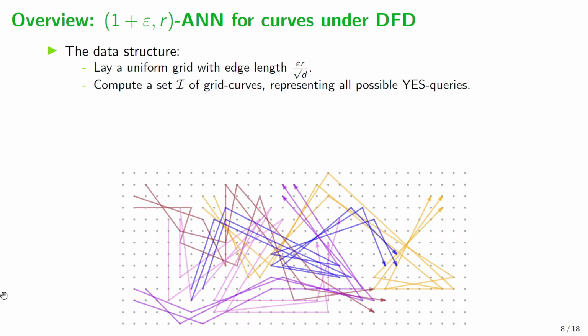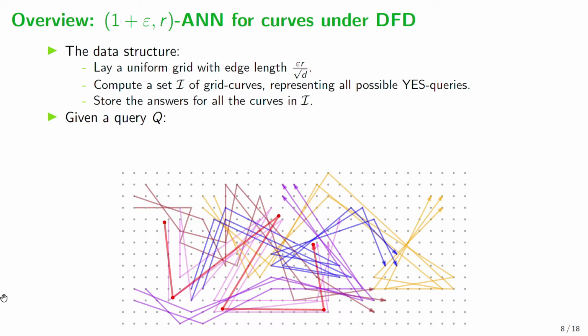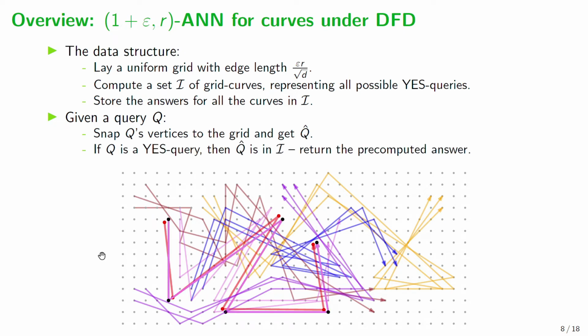Then compute a set I of grid curves representing all the possible yes queries, and store the answers for all the curves in the set I. Now, given a query Q, just snap its vertices to the grid, and this can be simply done by rounding, and we get a grid curve Q hat. And the guarantee is that if Q is a yes query, then Q hat is in the set I, and we can return the pre-computed answer.